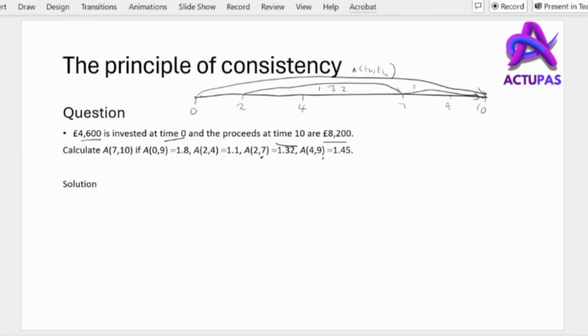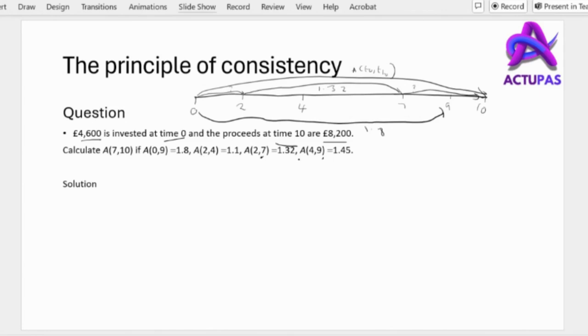And we do not have a 0 to 2. This is also missing. Then we have a 0 to 9, which is 1.8.